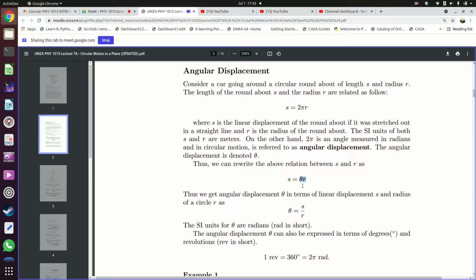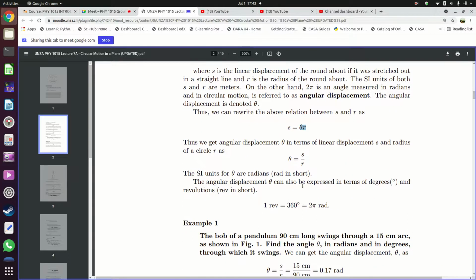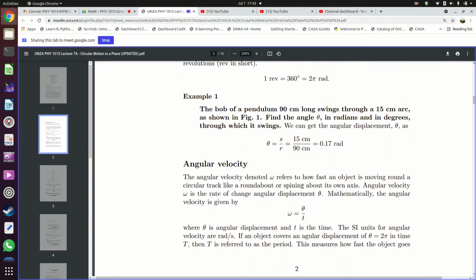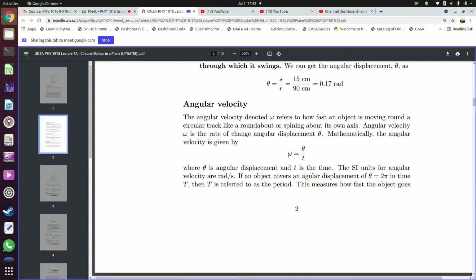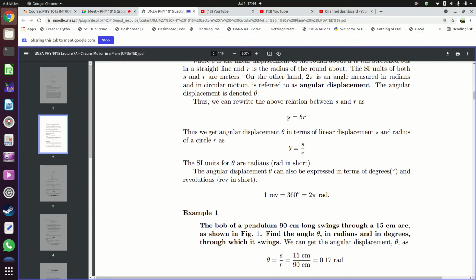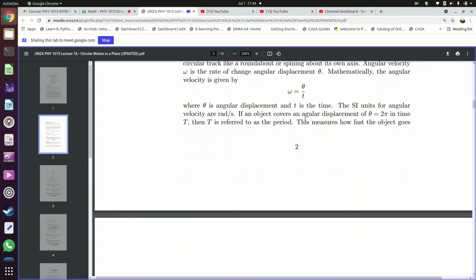So you end up with v equals omega r. Here, omega is theta divided by t.